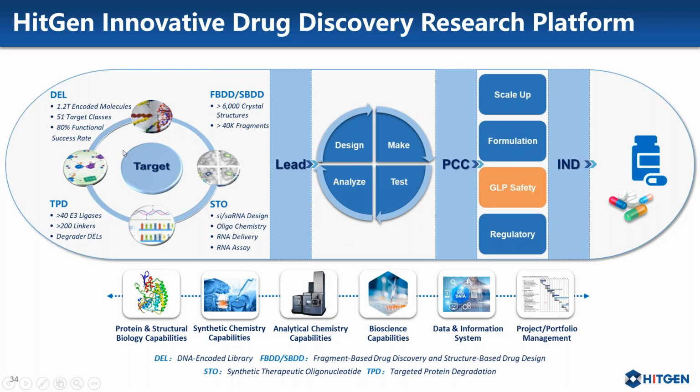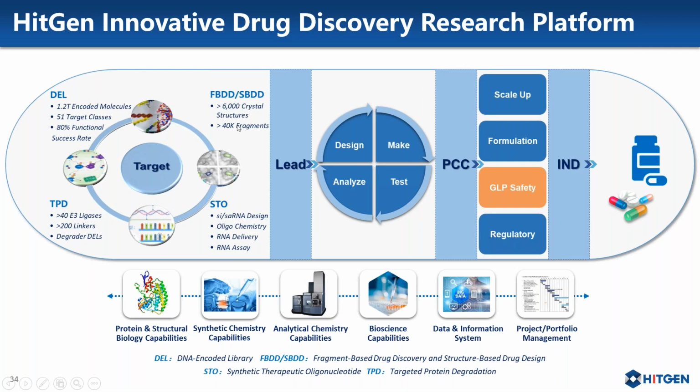Our key technology is to discover new molecules for the target. Currently we have 4 key research technology platforms. One is DNA-encoded chemical libraries. Now we have 1.2 trillion encoded molecules, and in the past years we have screened 51 different target classes, with almost 80% functional success rate across all targets.